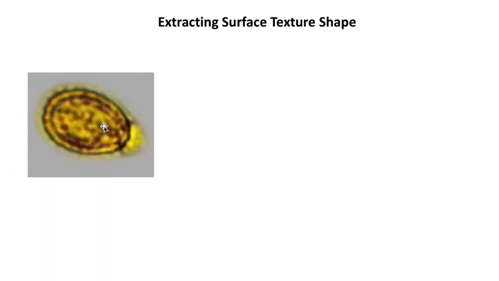What about the inside of the spore? We can also isolate the inner part. As you can see here, there is no clear shape on the inside of the spore, but you can see texture. That is, it looks bumpy, right? There are bright spots and dark spots.